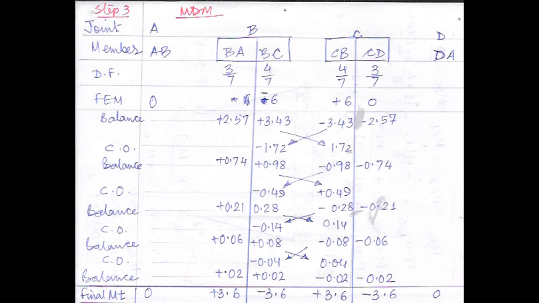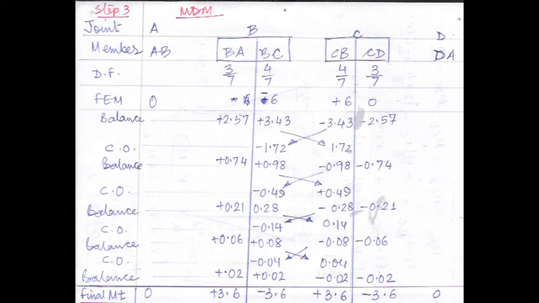Now the question comes, ma'am, how will we understand that we are reaching the point? If you observe the table very carefully, as we proceed through the steps, the carry over values are becoming very small. And the balance values also become less, because we started with 6, and we have reached 0.02.